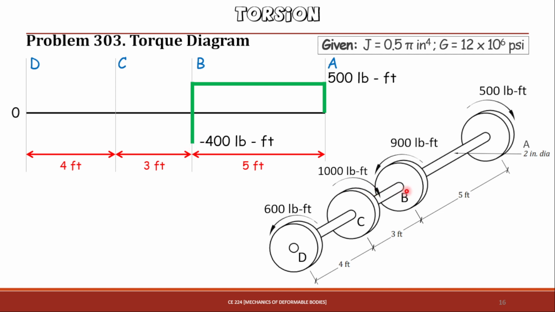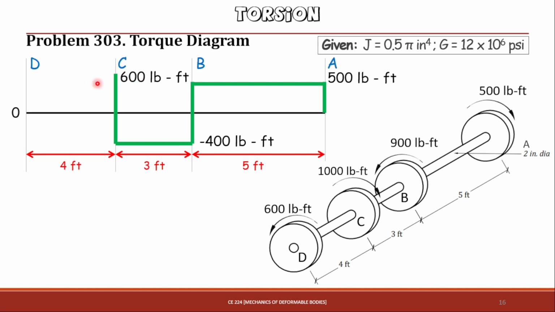Okay? From B to C naman, diretso lang tayo kasi wala naman na idagdag na torque. At pagdating natin dito sa C, meron na ulit tayong clockwise na torque that is 1,000 pound-foot. Okay? So, from negative 400 pound-foot, itataas natin siya ng 1,000 pound-foot kasi clockwise siya, so positive. Negative 400 plus 1,000, that is equal to 600 pound-foot.